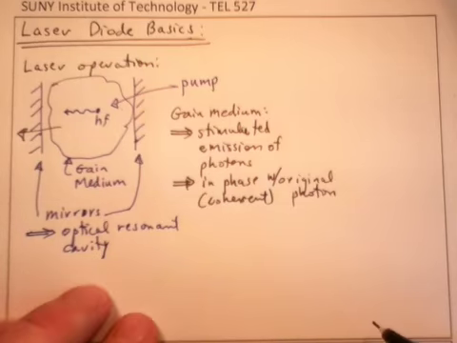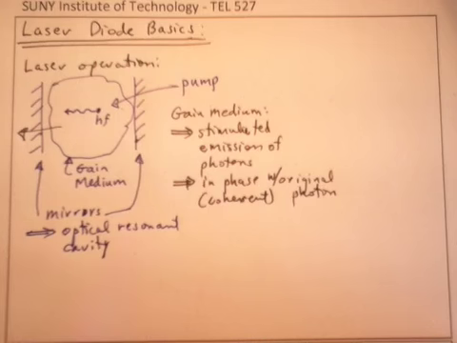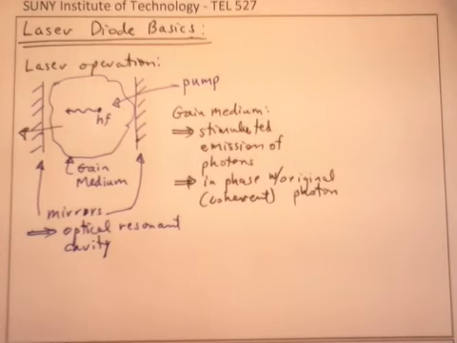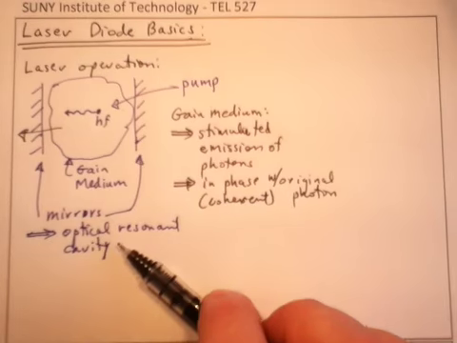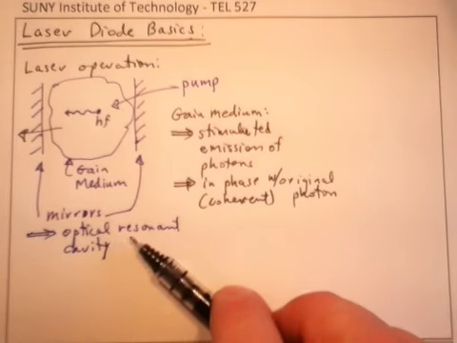This gain medium is characterized by a gain curve, and the optical resonant cavity is characterized by longitudinal modes.